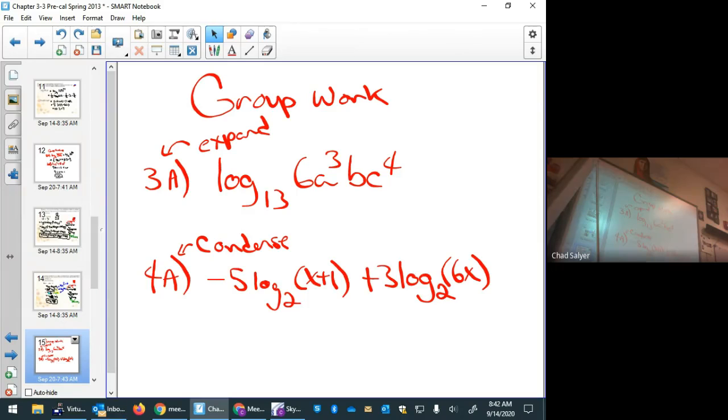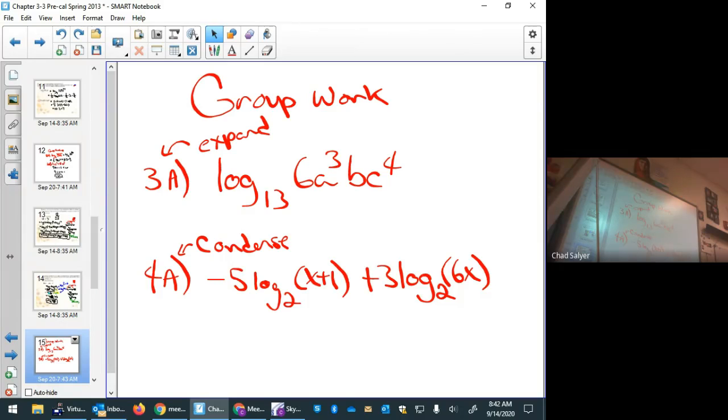So those three properties listed are the fundamental ideas of this section. And in order to expand, we're going to be working from left to right on those properties, which you did. So you use the product property. Last argument is going to be C to the... Let's see.